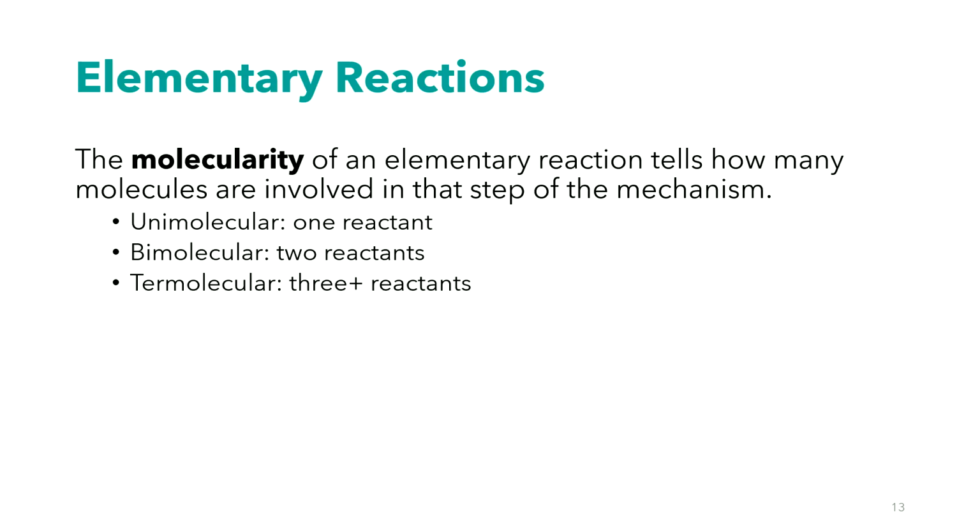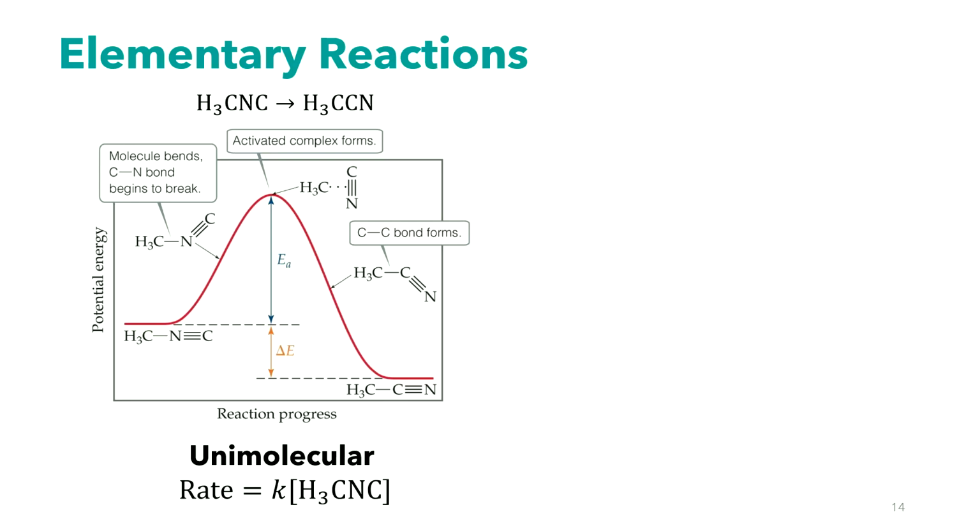Okay? And termolecular, I guess I'll save this point for the next slide. So here's a unimolecular step, what we just considered, and it's an elementary step. I get to write the rate law by just looking at this reaction: if that is an elementary reaction, the rate depends on just that concentration.